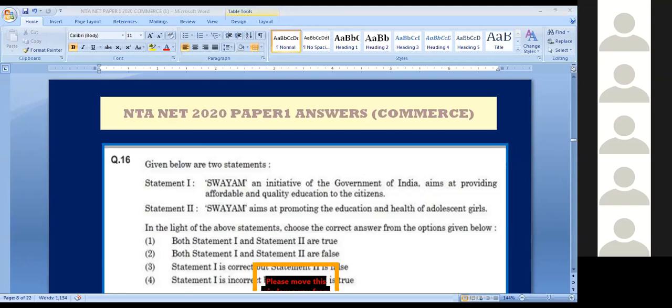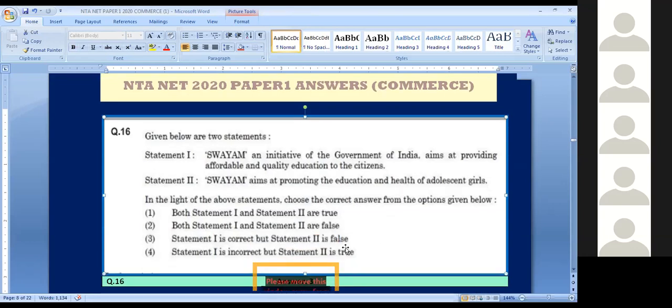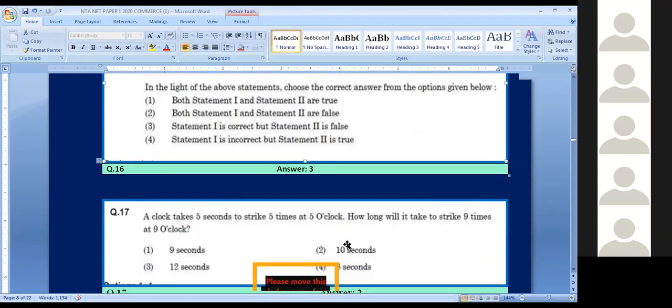Yes or no? No, sir. It's no. Correct. It is promoting the education, but health of adolescent girls, that is a big question mark. So what is the answer? Statement 1 is correct, 2 is false.